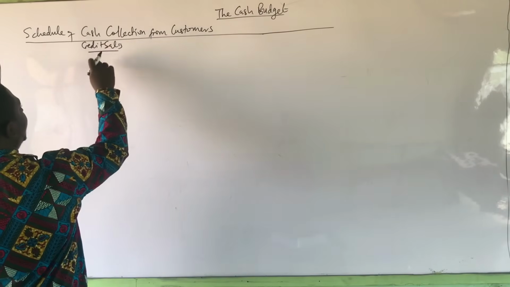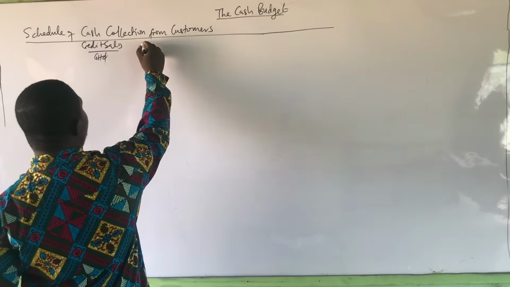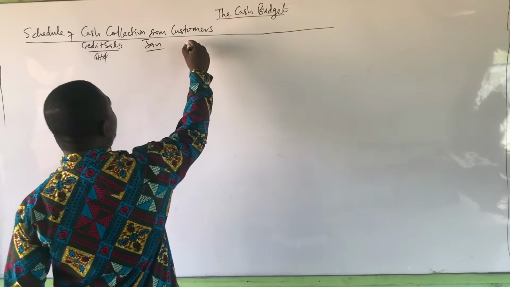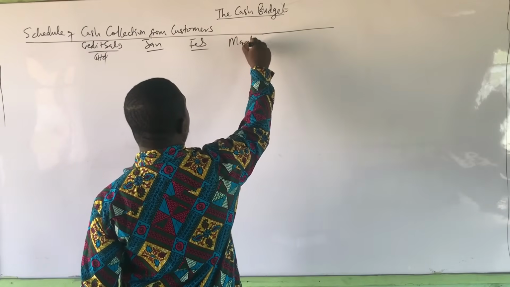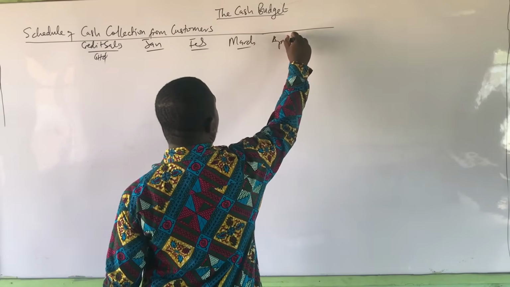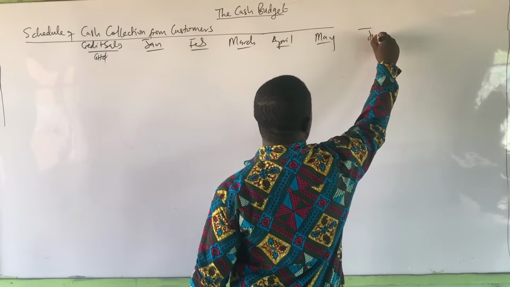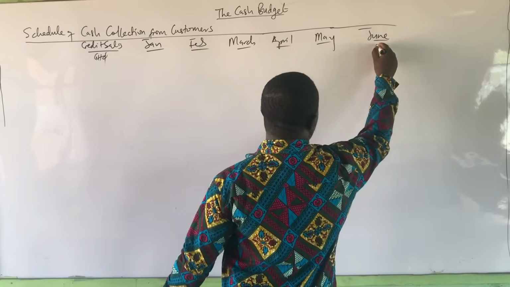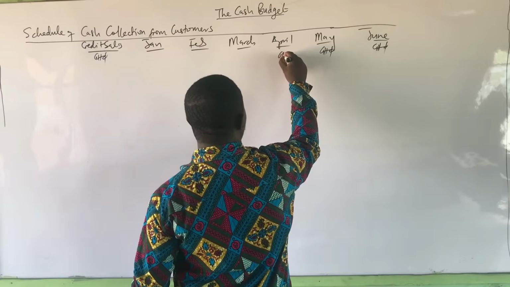Let me put here credit sales in Ghana cedis. And then let me now show the months: January, February, March, April, May, and then June. So you show your currency signs for each of them.